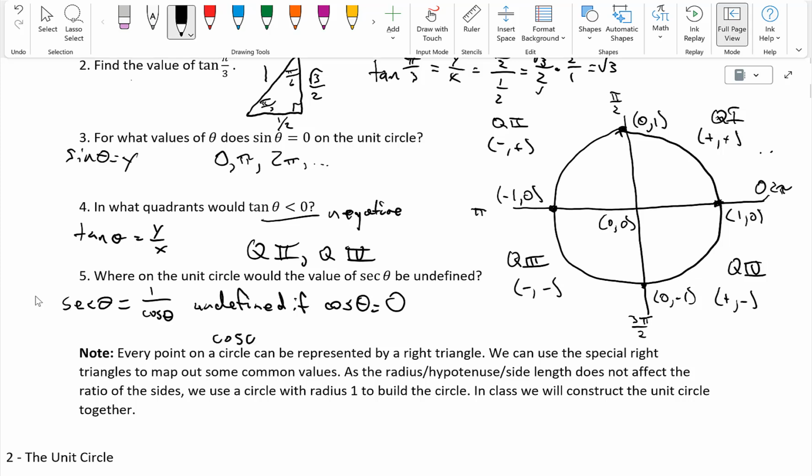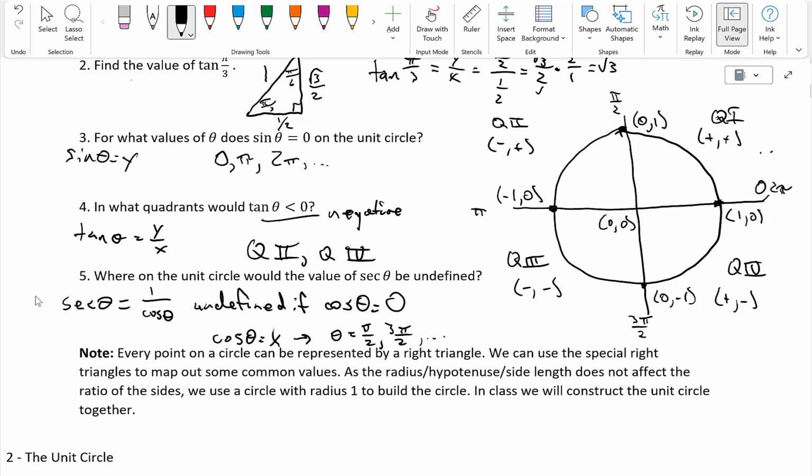If cosine theta equals x, then we're worried about where theta equals pi over 2 and 3 pi over 2. Those places where x would be 0. And again, we could keep going around the unit circle, 5 pi over 2, 7 pi over 2, or backwards, minus pi over 2, minus 3 pi over 2. But we'll talk about those more as we do more in the future.